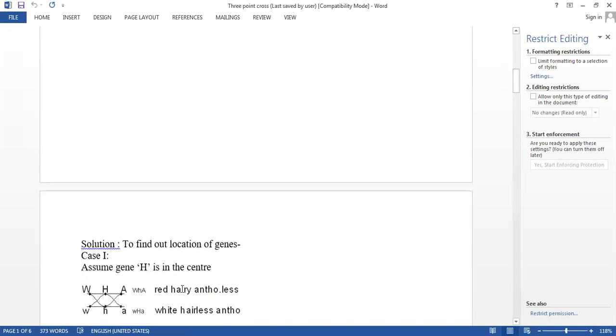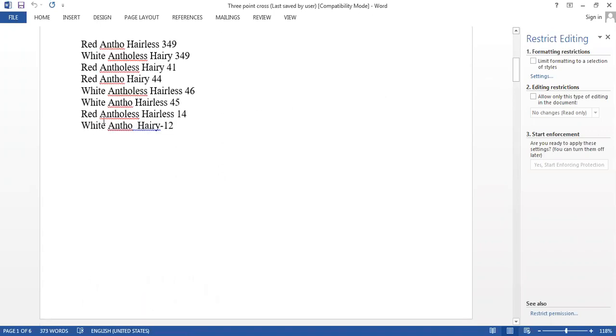double crossover types. Compare these double crossover types with these double ones. What is the combination here?